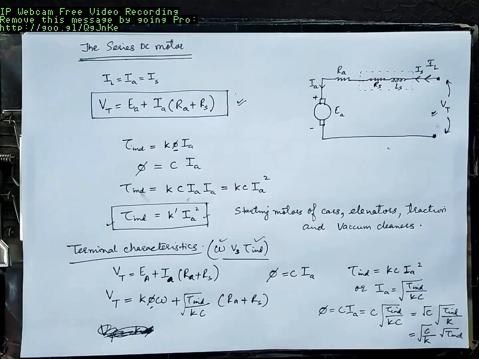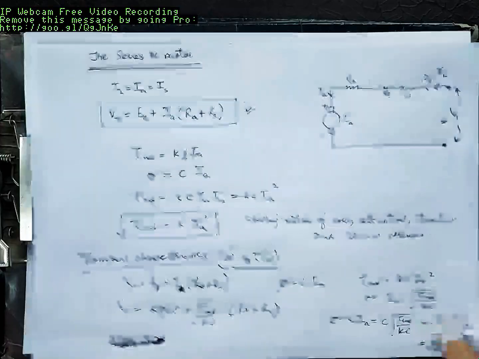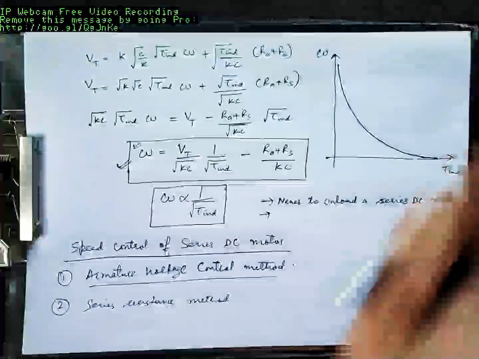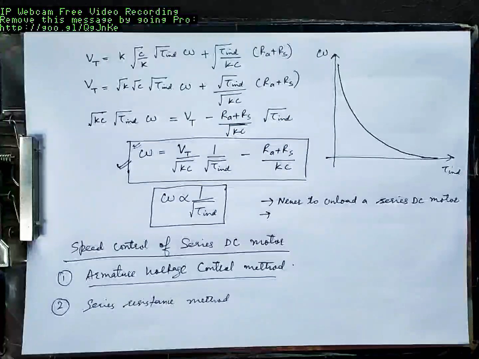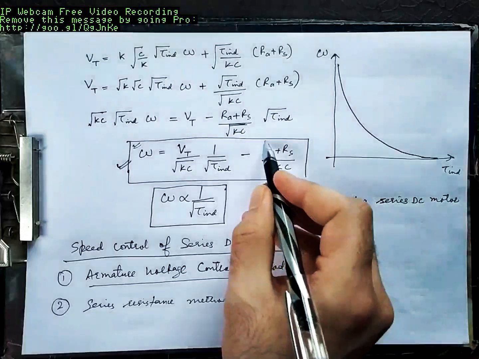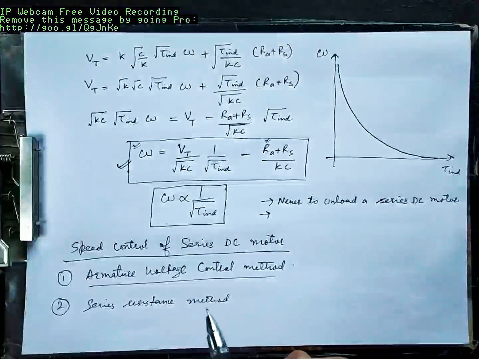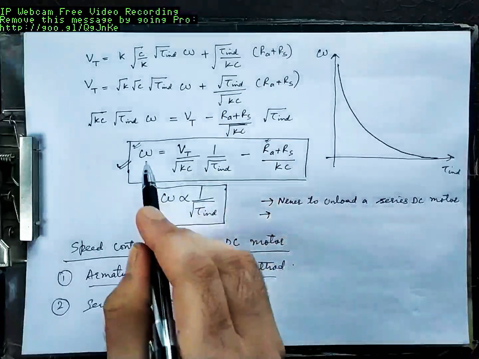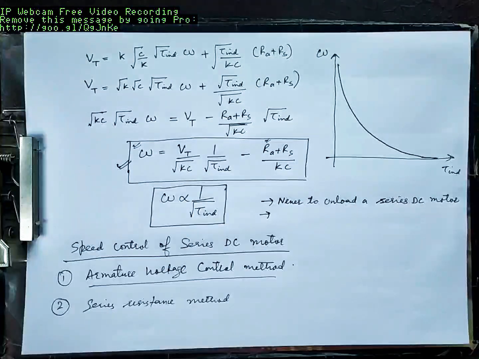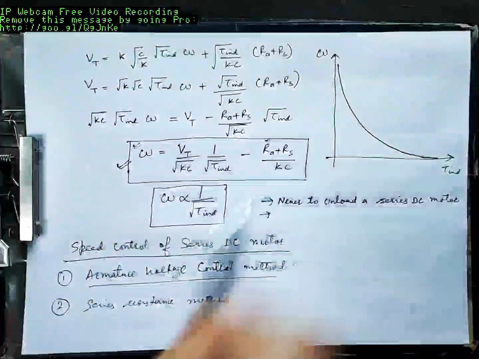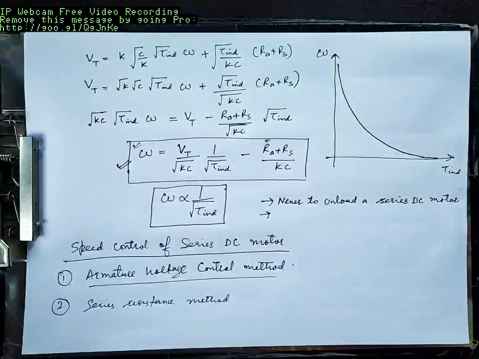That is seldom used. If we insert the resistance in series, that means you are increasing this term Ra. Increasing Ra will decrease omega. So in theory, you can adjust omega by adjusting the armature resistance, but this is seldom used because this is a wasteful method.